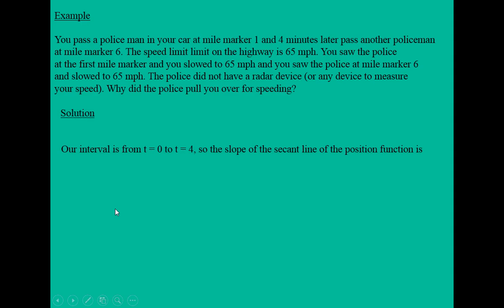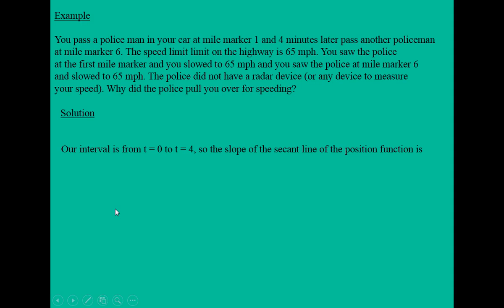Now, if we think about the mean value theorem, we may think that if we have the slope of a secant line, which is our average velocity over an interval, we could calculate the average velocity over that interval and then realize the slope of the tangent line, which would be our instantaneous velocity, has to equal the slope of that secant line.